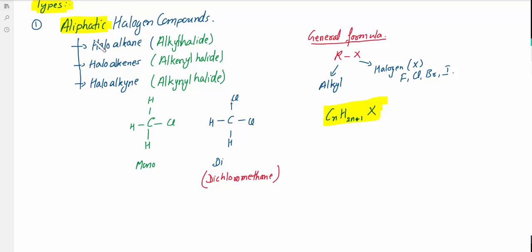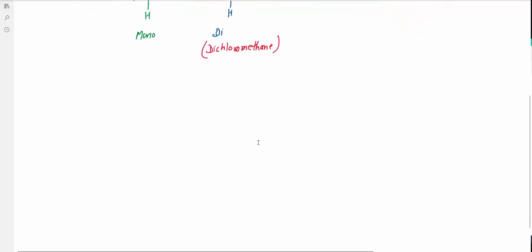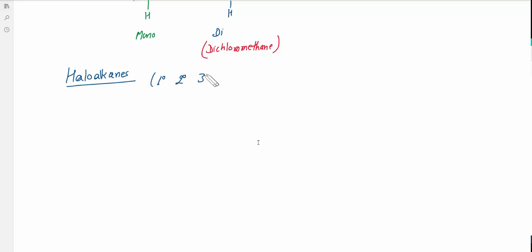So these haloalkanes can be further divided into 1 degree, 2 degree and 3 degree haloalkanes, depending on whether the halogen in the chain is connected to a 1 degree carbon or to a 2 degree carbon or to a 3 degree carbon.